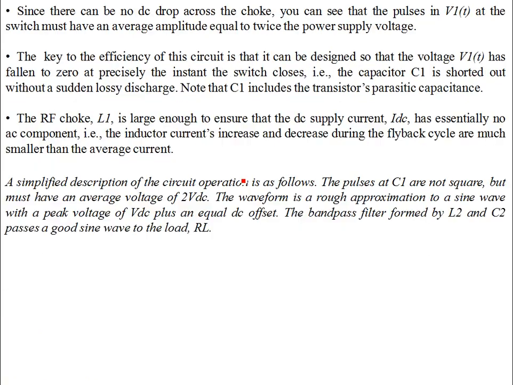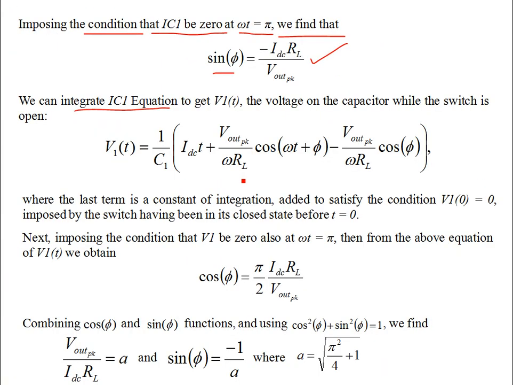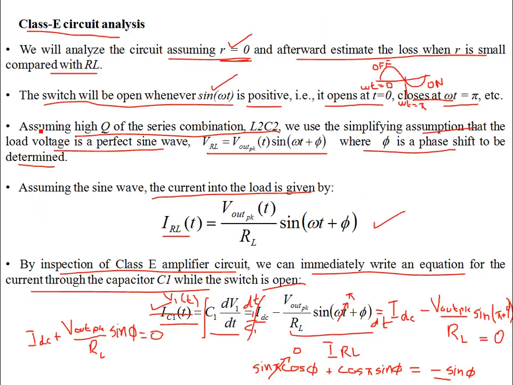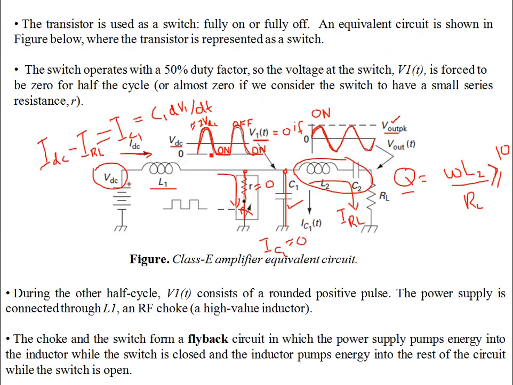So if you integrate this to get V1(t), the voltage on the capacitor, you have to keep the switch open for this integration, because otherwise, if you close the switch, you're going to short out the capacitor C1. You don't want that. We don't want V1 equal to 0.